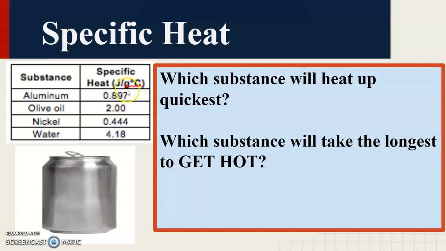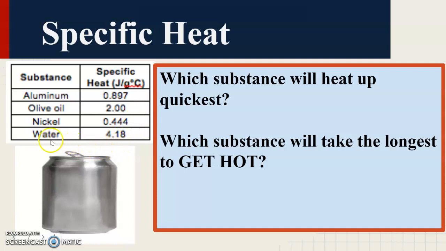So these specific heats, and a joule is just a unit of energy. That's all a joule is. This is just like the density, right? So the higher the number, the higher the specific heat, okay?